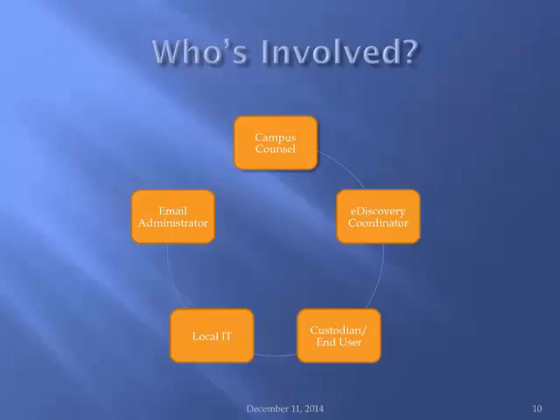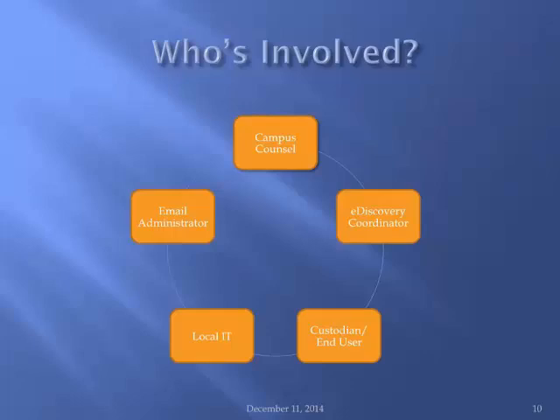After that, a preservation letter also goes to the local IT for the department. So sometimes the person will have multiple appointments. For example, like a dean, right? They will have their faculty appointment in their department, and then they'll also have an appointment in the dean's office, right? So sometimes both of those local IT people would get a preservation letter. Sometimes I know that their data is not on, say, their faculty appointment server at all, that they do all of their business in the dean's office for their classes and everything.